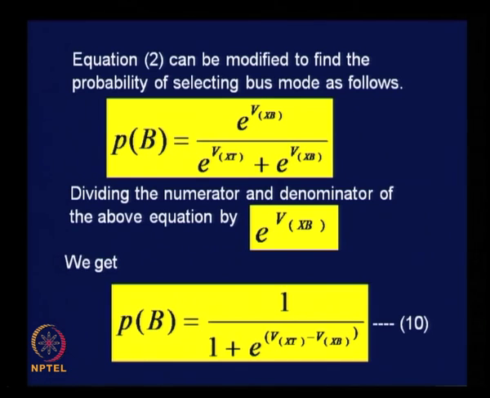Once you get P of b, 1 minus P of b is P of t, isn't it? So that is how we can transform the logit model into a simple linear regression equation for a binary choice situation, and for a given situation we will be able to estimate the probability of choice of any mode, right.